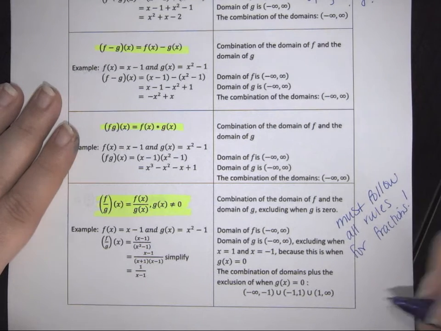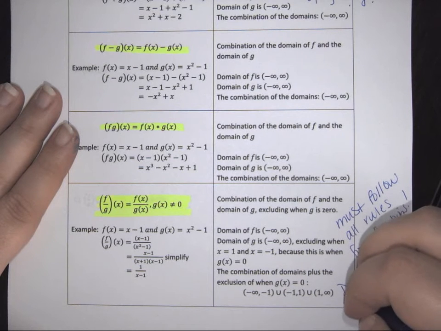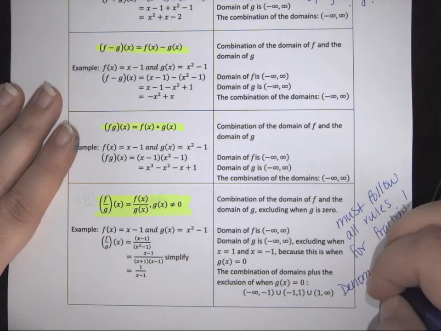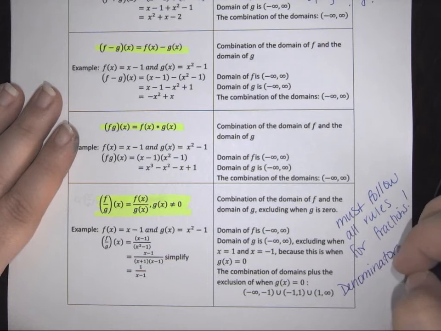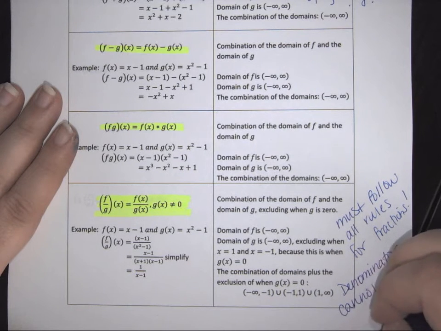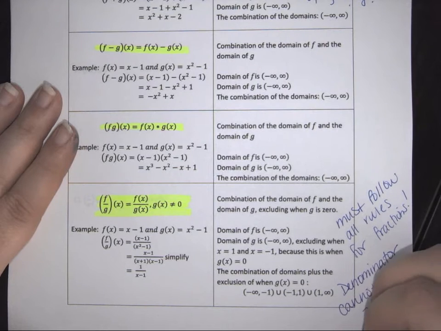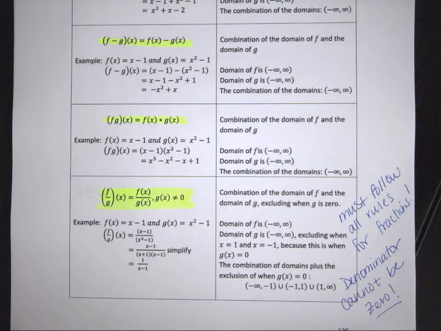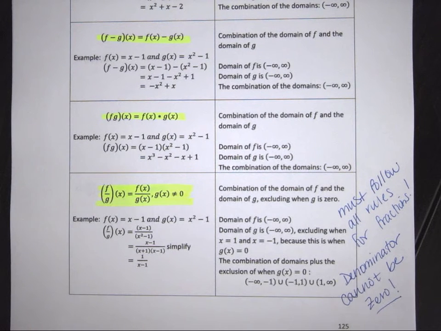What does that mean? It means that your denominator cannot be 0. Okay, that's like the number one rule of fractions, that the denominator or the bottom can't be 0.